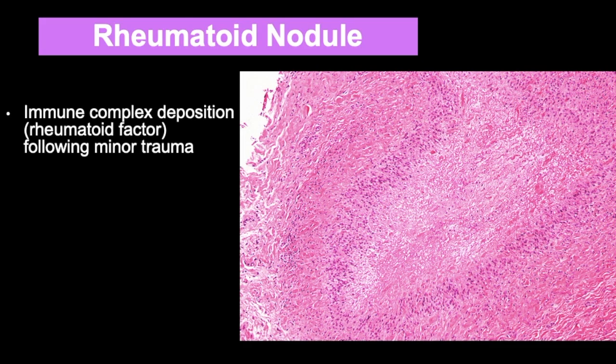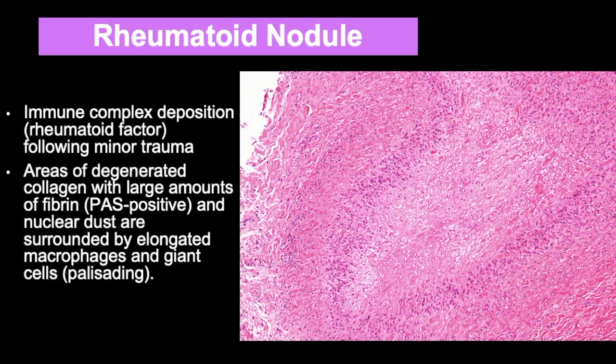Rheumatoid nodules also happen because of immune complex deposition of rheumatoid factor following minor trauma. We see areas of degenerated collagen with large amounts of fibrin that is positive for PAS, and nuclear dust surrounded by elongated macrophages and giant cells in palisading fashion.